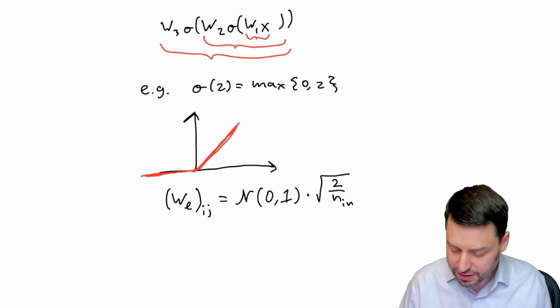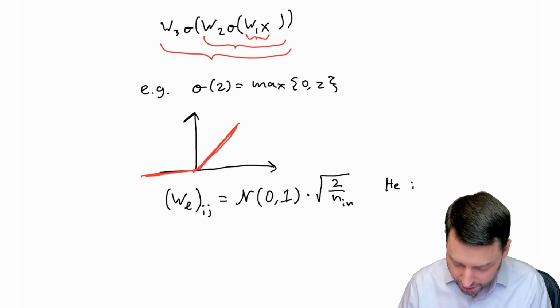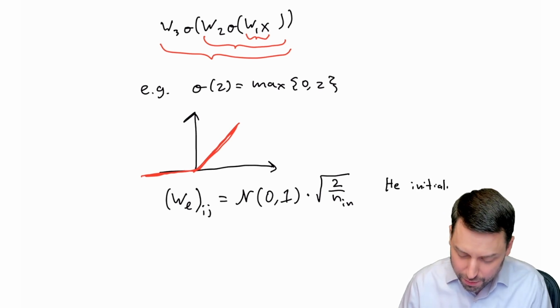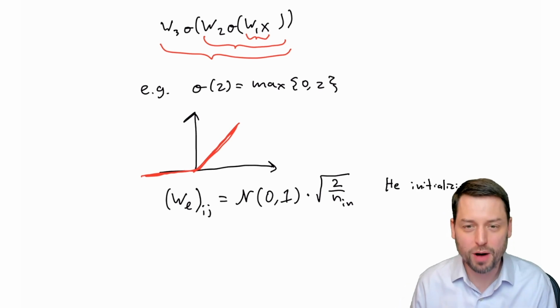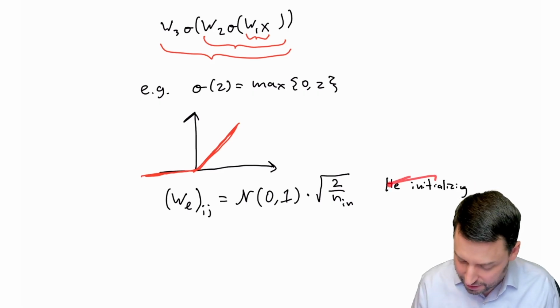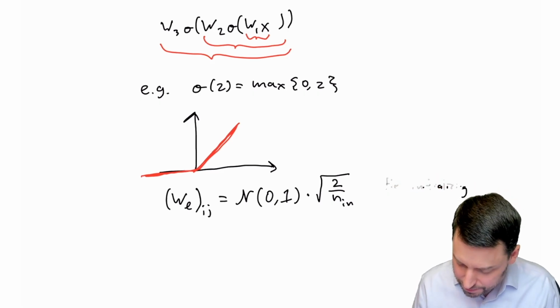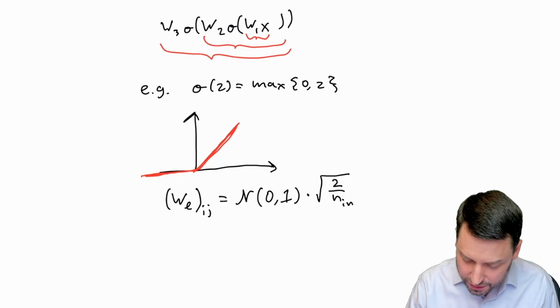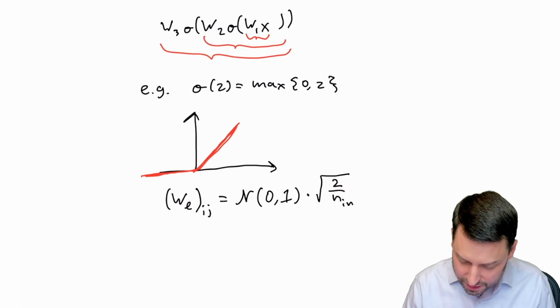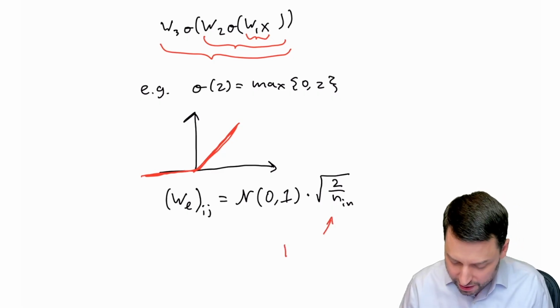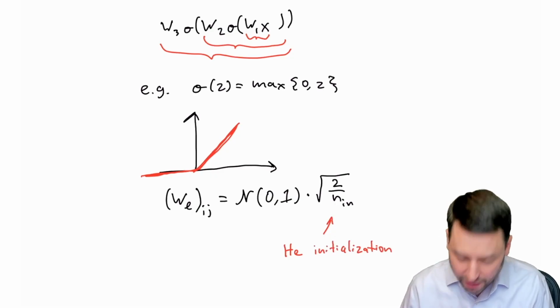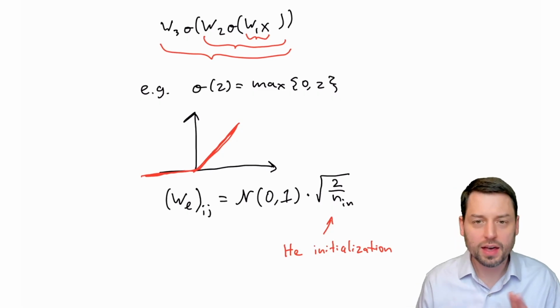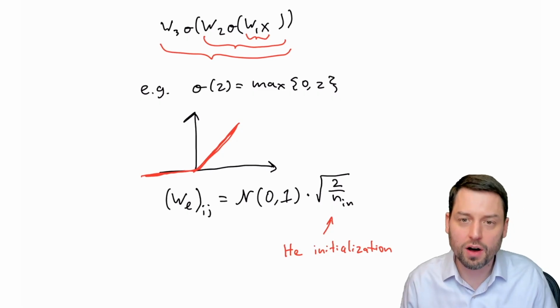This is sometimes known as the He initialization. Kaiming He proposed this, or at least popularized it. A lot of similar techniques have been proposed for a long time, and this is a fairly common technique.